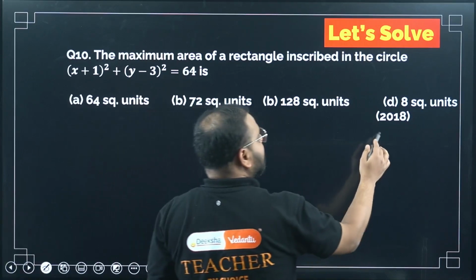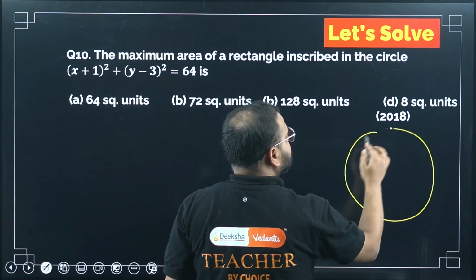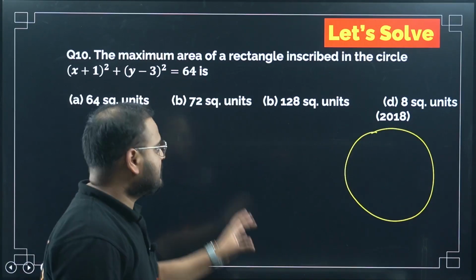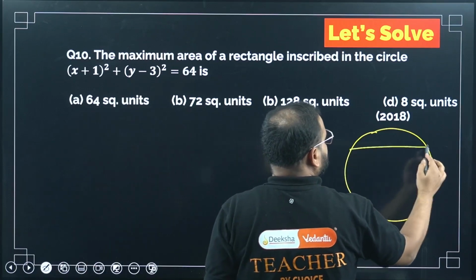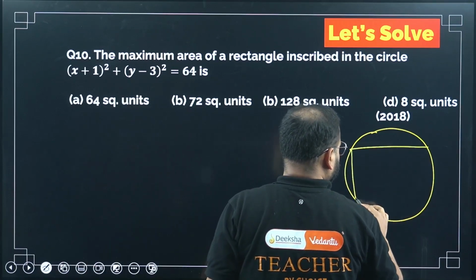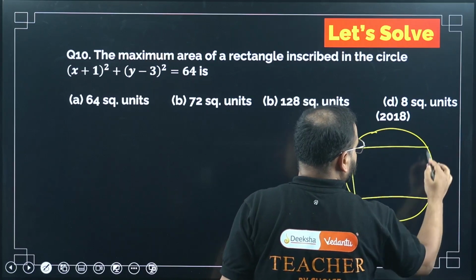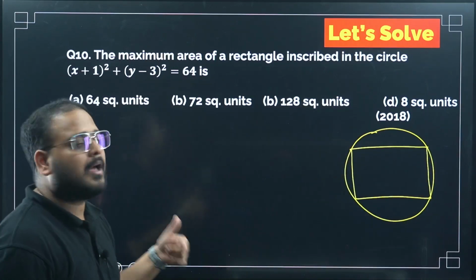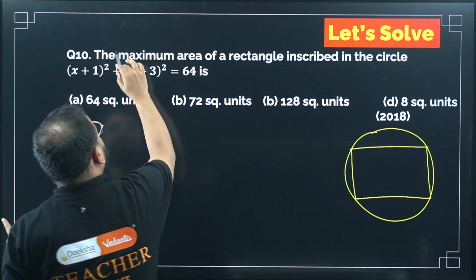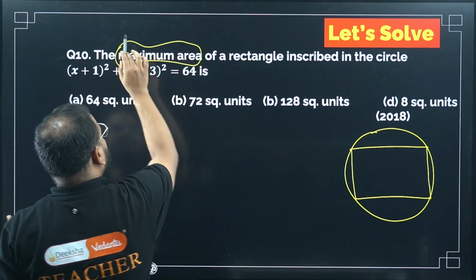It means the rectangle is inside the circle, something like this. So think about it, when will this rectangle have maximum area?